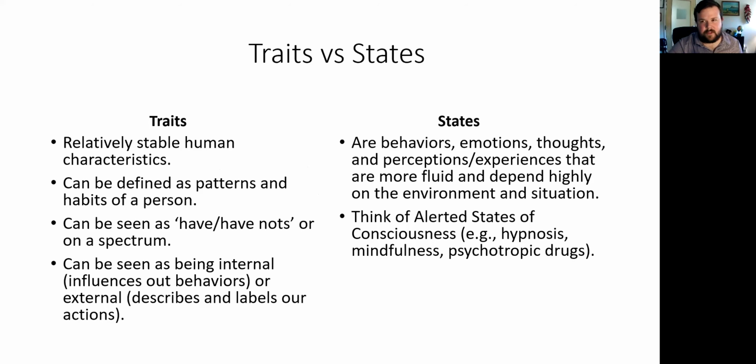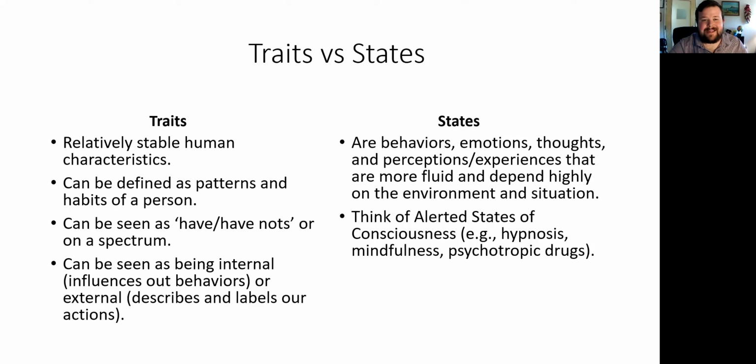So to begin, we need to describe what traits are and especially explain the difference between a trait and a state. So from this model, traits are relatively stable human characteristics. So again, if we're describing a friend to someone, typically we're trying to explain this person and give an essence of who they are, and ideally there's going to be some stability to this.